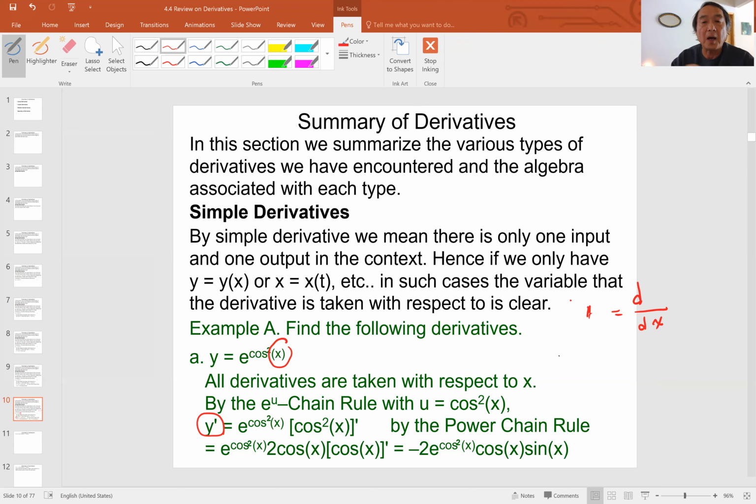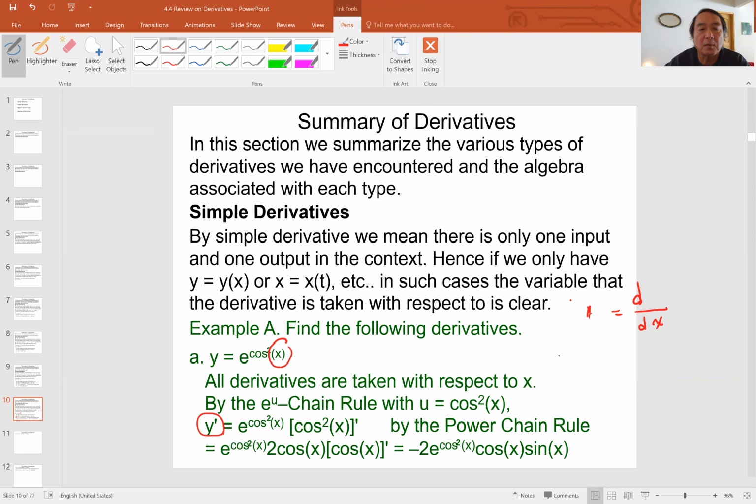In problems that are not in the letters x and y, later on we'll have problems in letters u and v, and there's no clear indication of who is the input and who is the output variable, unless the problem tells you to view one variable as input and the other as output. So when the derivative is taken, you have to follow that input variable. You'll see.